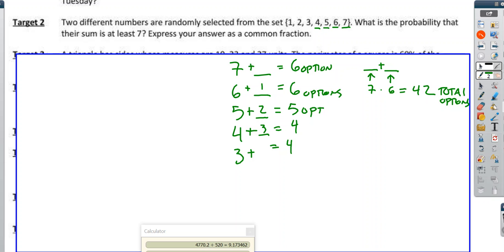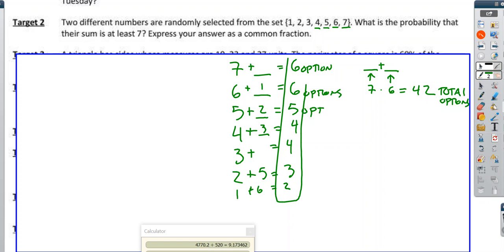Then if I have the 2 first, the smallest number that would make this work would be the 5, that's 7. So there are the 5, 6, and 7, so that's a total of 3 different options. If I start with the 1, it works if I have the 6 or the 7, so that would give me 2 total options.